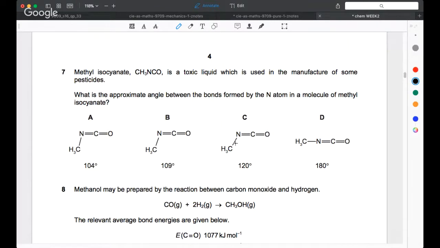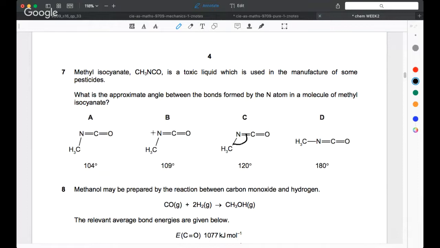So what is the structure of this? How many pairs are around nitrogen? Nitrogen has 5 outer electrons.